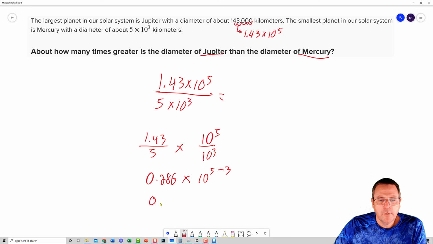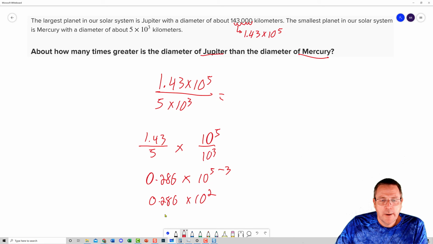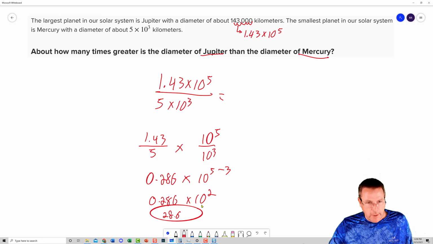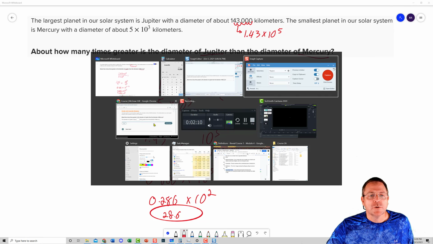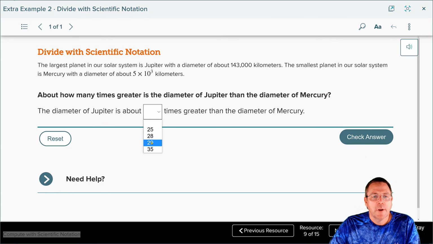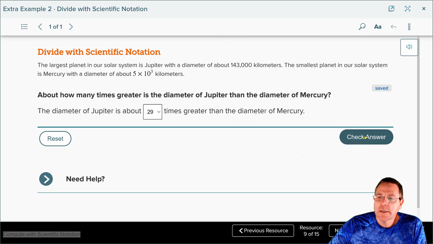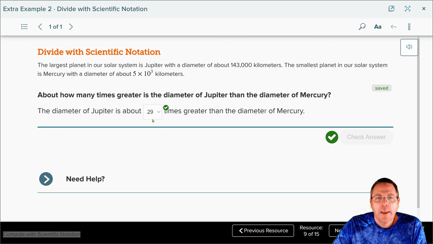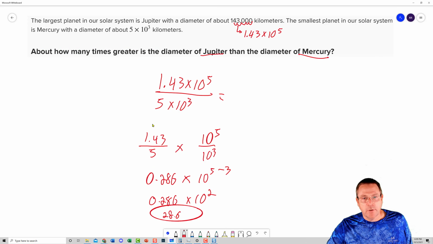That means from there 0.286 times 10 squared, which means we could estimate that as being about 28.6 times bigger, because they gave us some choices here for whole numbers to choose from. So which one's going to be closer? I said 28.6. That's closer to 29, and 29 is indeed going to be the answer.